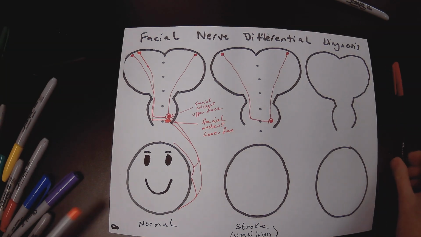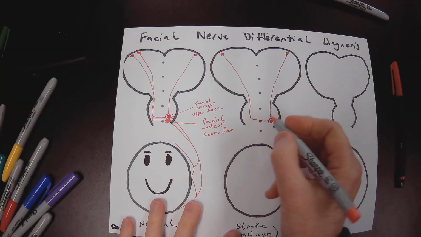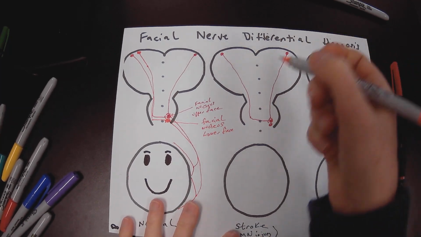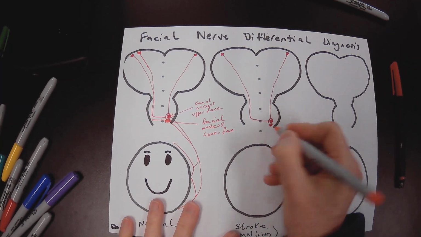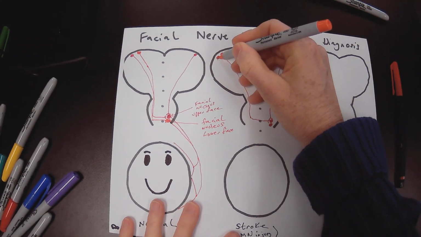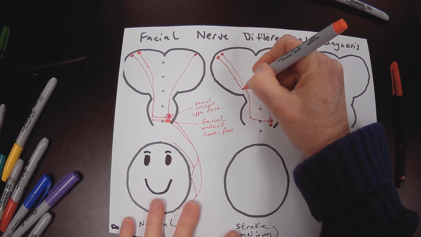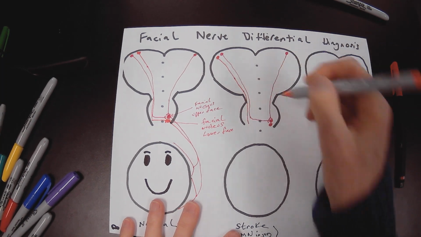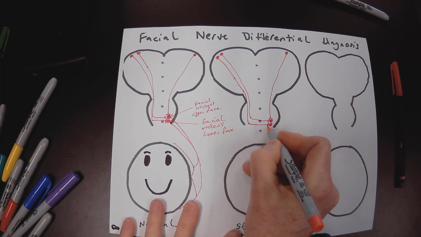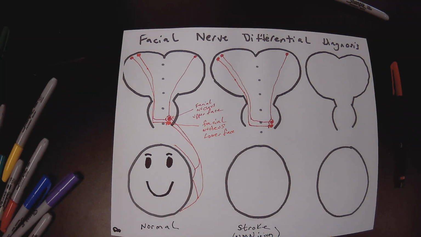Okay, but for the lower face division, in here, I only have one upper motor neuron that's going to be contralateral, travels down ipsilaterally, and then decussates contralaterally. Just what we did before, no changes.